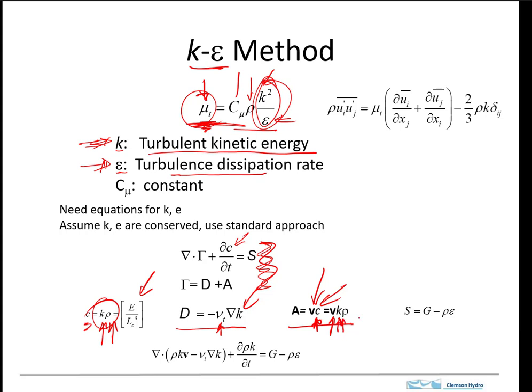And then, as it turns out, there's a source term for turbulent kinetic energy that has that form. And there'll be another term, that's the epsilon. So we substitute all this stuff in, and here's the governing equation for turbulent kinetic energy.